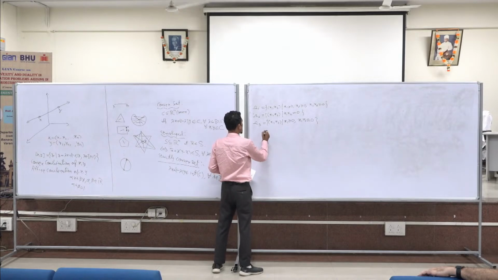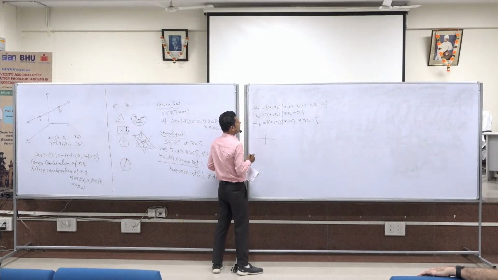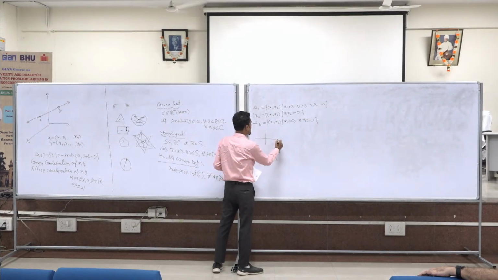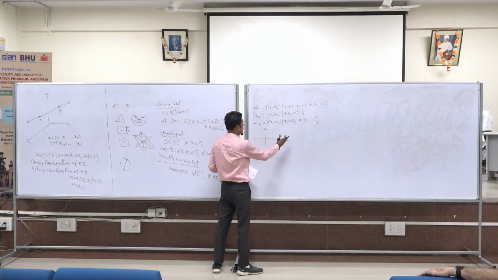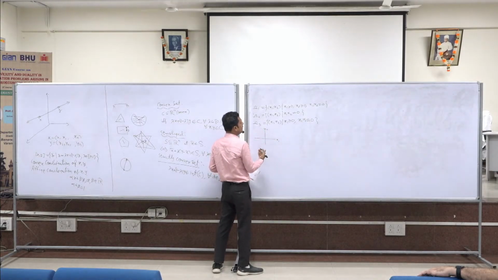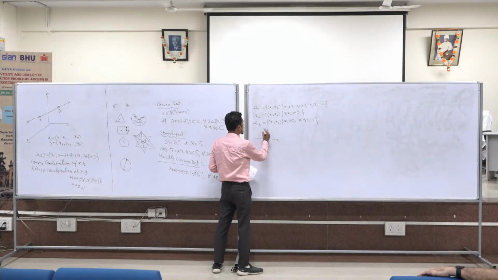So this omega 1, x1 is greater than or equal to 0, x2 is greater than or equal to 0, and then we have x1 x2 is equal to 0. So we have these two lines only, right?